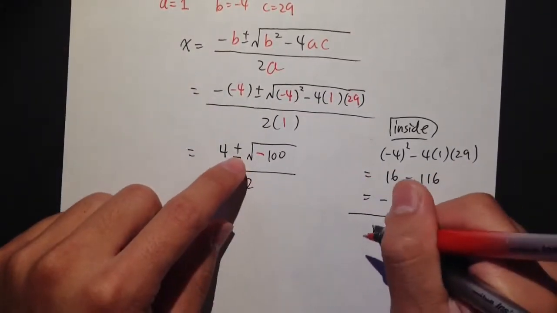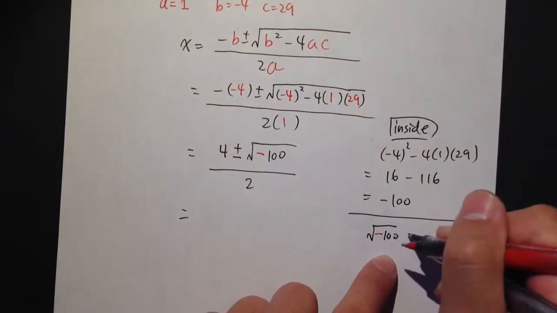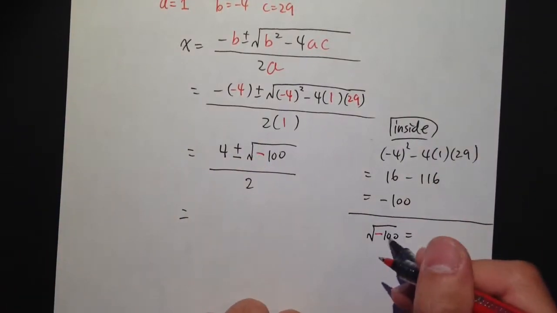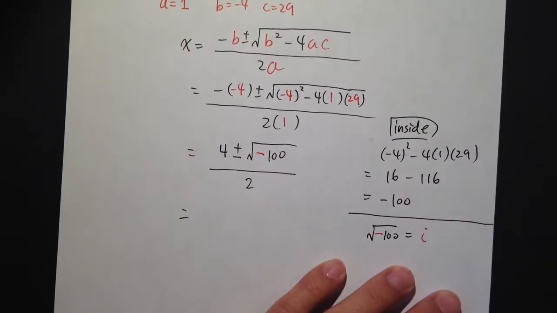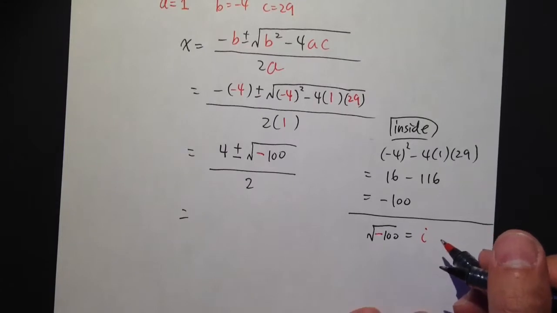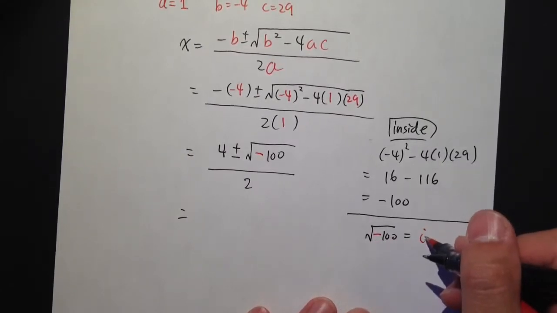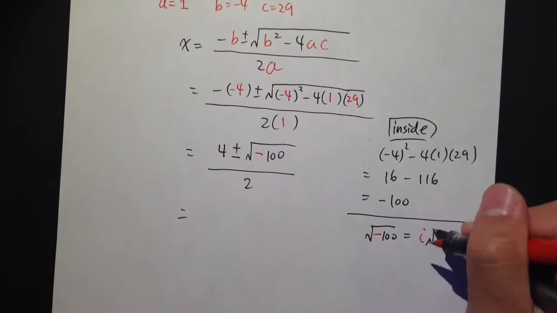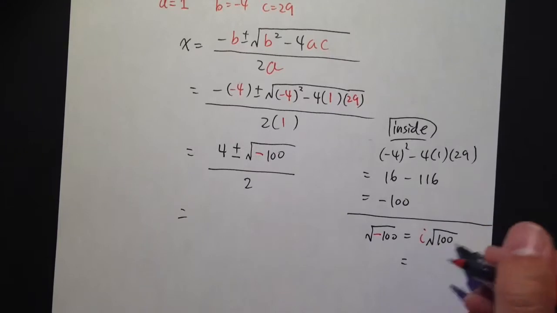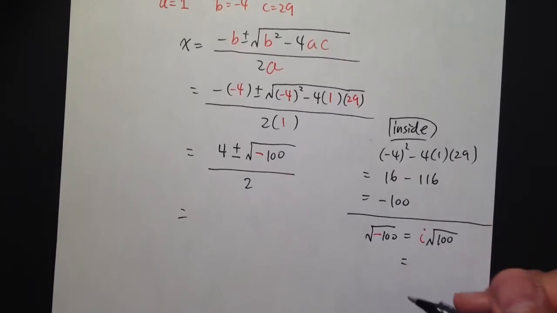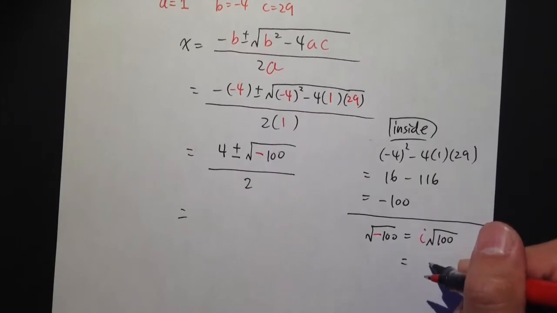So I see that I have a square root of a negative number, so let me do it right here. Square root of a negative number, we should just take out i first, the imaginary number i. So square root of negative 100, I will just put an i, and then I will look at what square root of 100 is equal to. Well, square root of 100 is actually a very nice number. 10 times 10 is equal to 100, so square root of 100 is equal to 10.